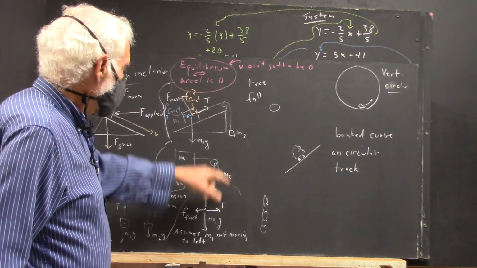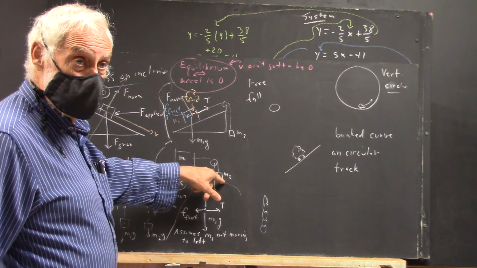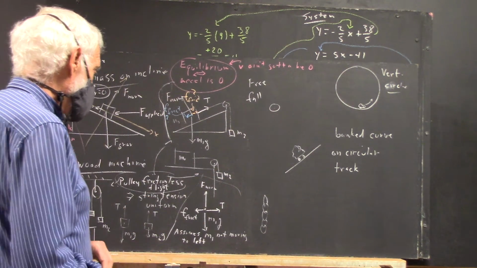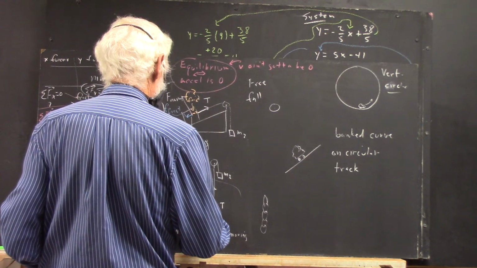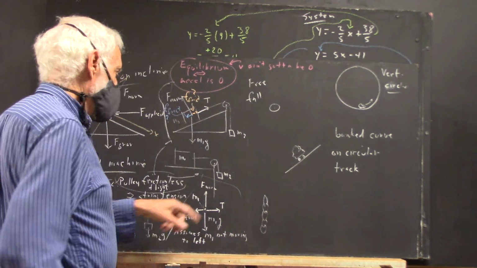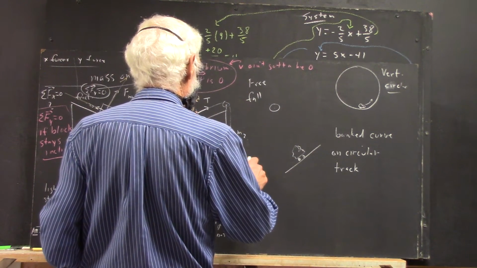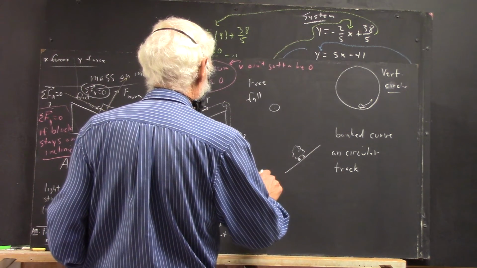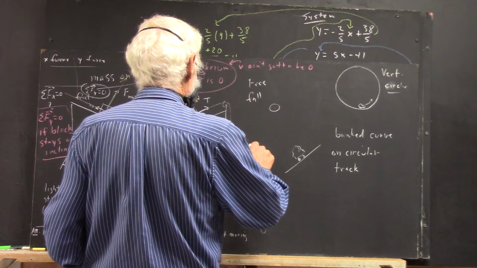Now, in both of these cases, of course, you've got a free body diagram for mass M2, right? You can isolate mass M2. So let's just say M1 is regarded as being at this point. In either of these cases, you have M2G and the tension.